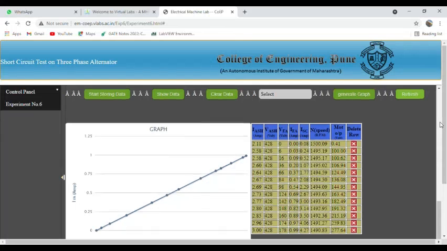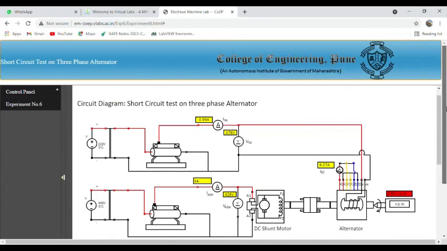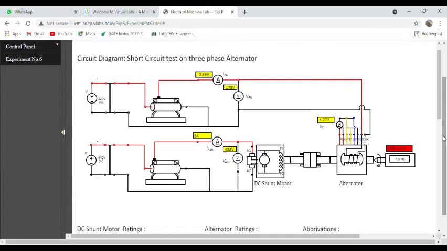This is the graph between motor output and Vs. Then slowly reduce the excitation field resistance of the shunt motor to 0 and switch off the supply. Thank you.